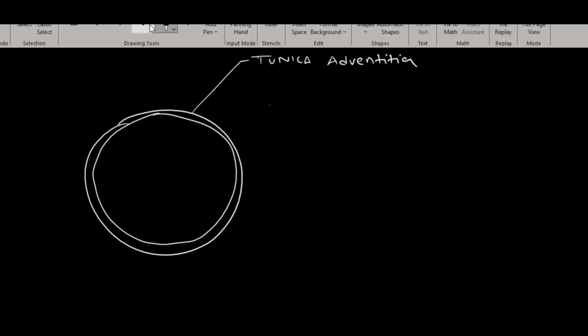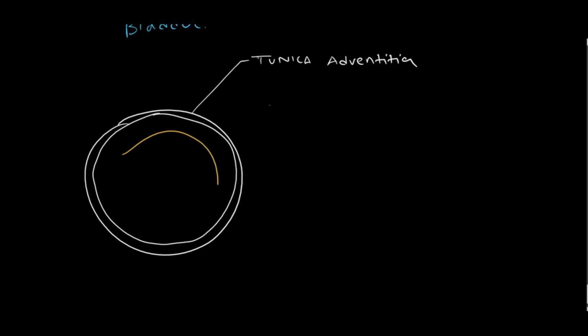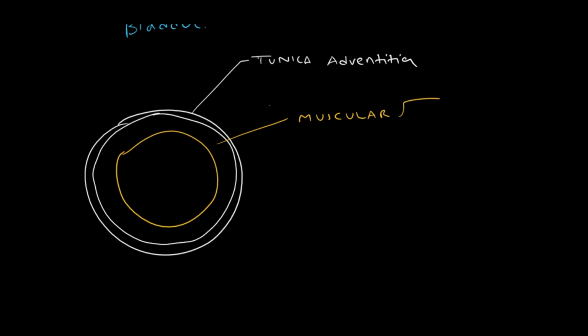Then the middle layer is comprised of smooth muscles, which is muscular. Now this muscular tissue is again comprised of longitudinal muscles.